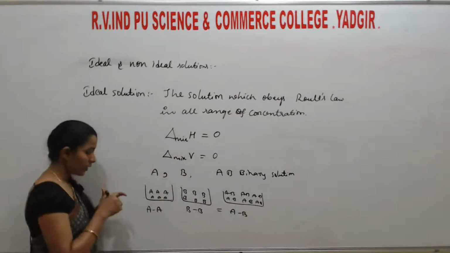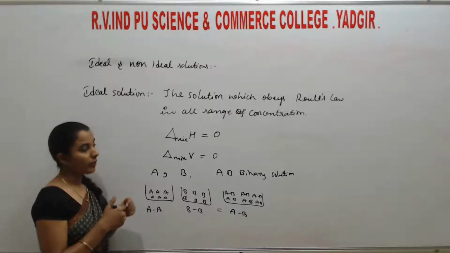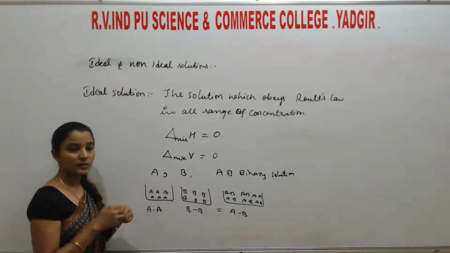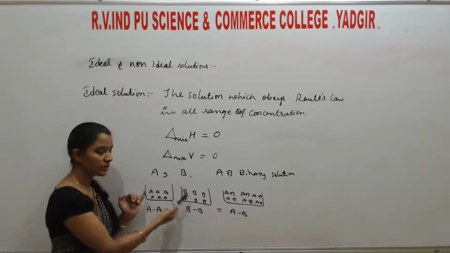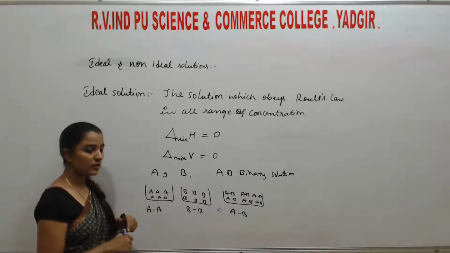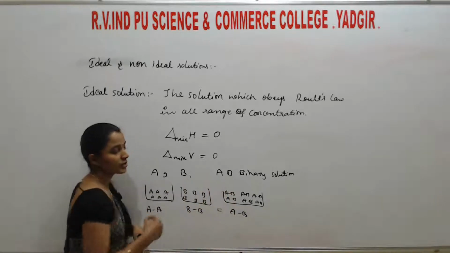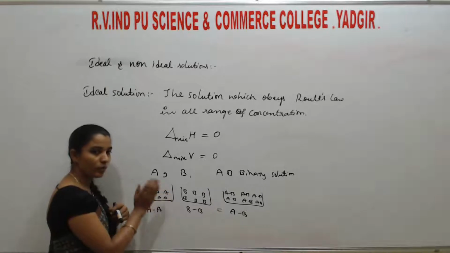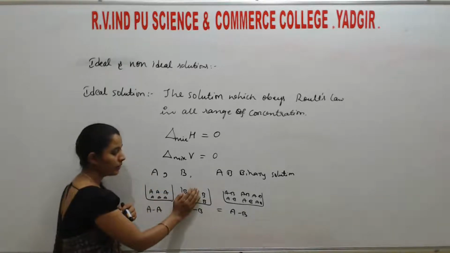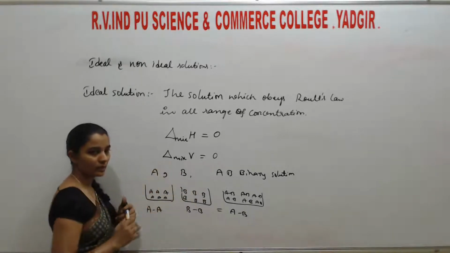A binary mixture means two solvents mixed with each other. Both are volatile liquids, and they mix to form the binary solution AB. In pure A, only A molecules are there; in pure B, only B molecules are there.